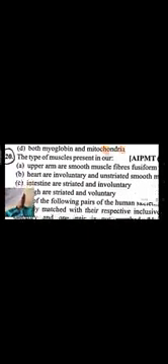Next, coming on to the next question. The type of muscles present in our upper arm are smooth muscle, fusiform, heart or involuntary muscles.